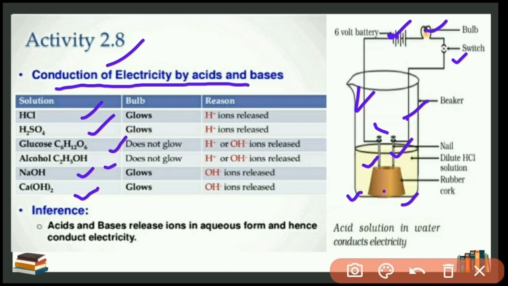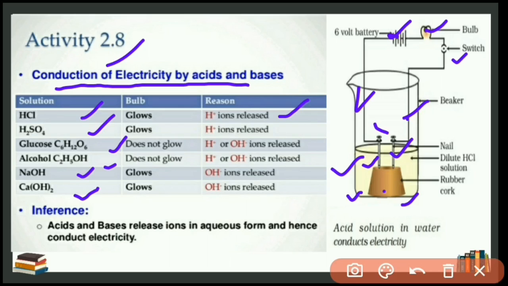Pour the first sample of solution, HCl, and observe that the bulb is glowing, because when we add HCl it releases H plus ions, and by the movement of ions electricity conducts and the bulb glows.